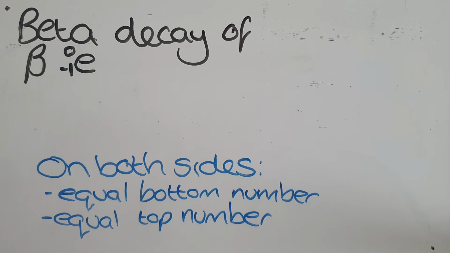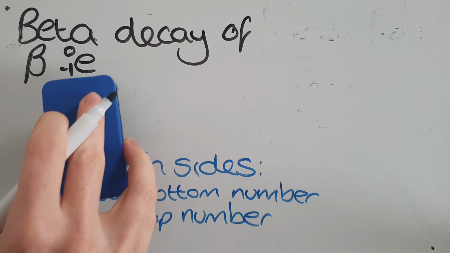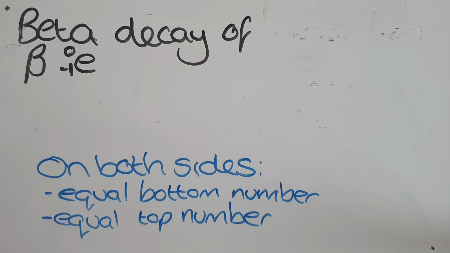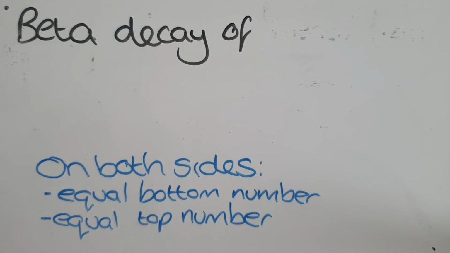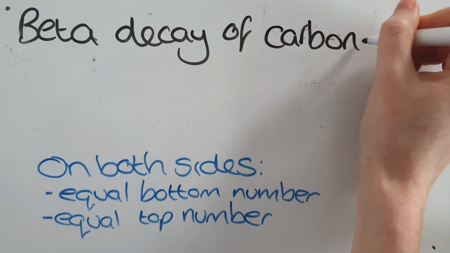You can remember what way round those numbers are by the fact that -1 is a lower number than 0, so it will go down the bottom. Again, I would be using the one with the values in it for the equation, so we're going to use the electron symbol. So we will look at the beta decay of carbon 14.